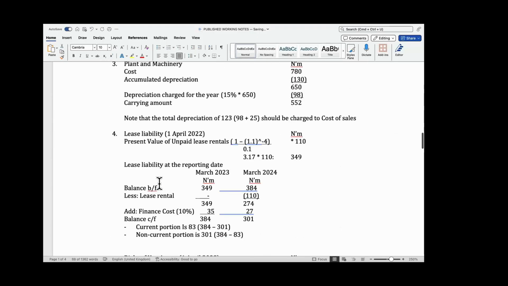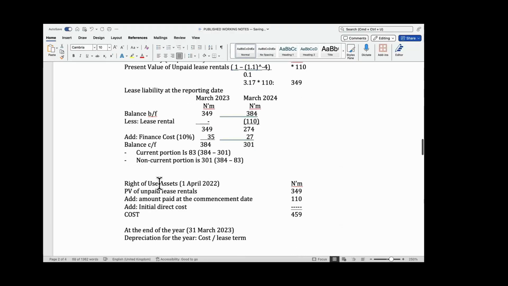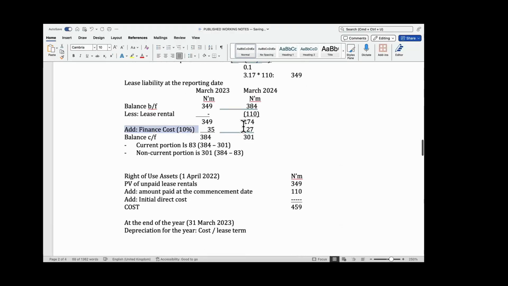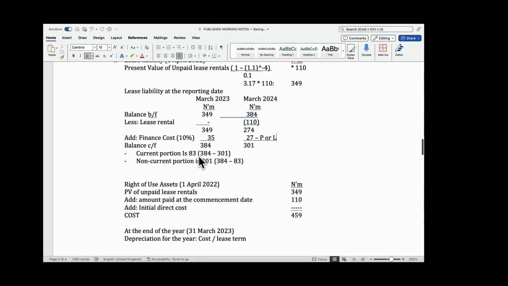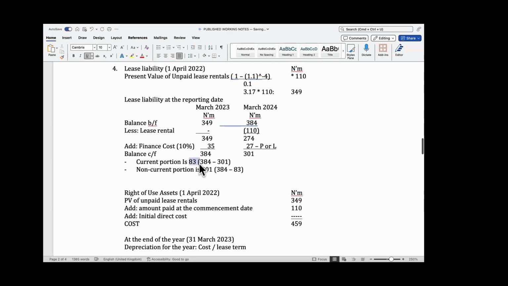So I know from these workings now, what goes to P&L are these finance costs. I know they are going to P&L. My liability, 83 is current liability. Sir, is the finance cost the 35 and 27 or just 35 alone? It's just 35 alone for the year, not the 2 years.